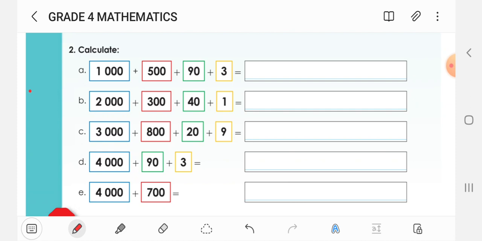So I am going to do number A, number B, and you will do number C and the others. So let's do this. We have 1,000 and we write the 1. Right, we have 3 zeros.